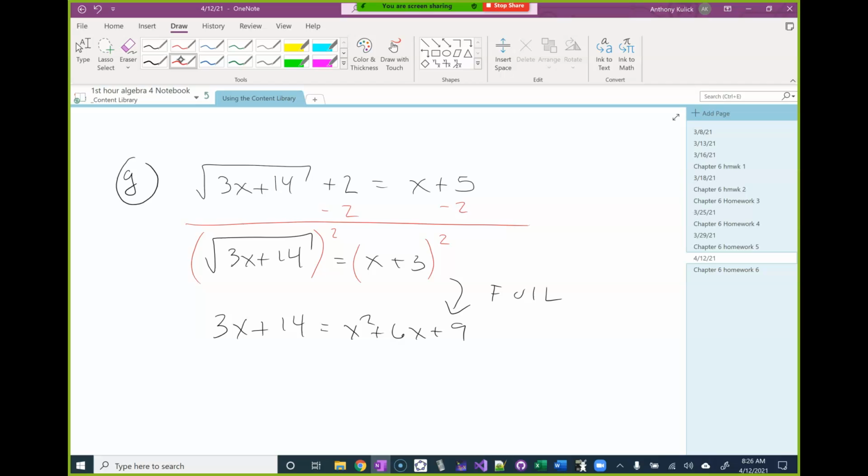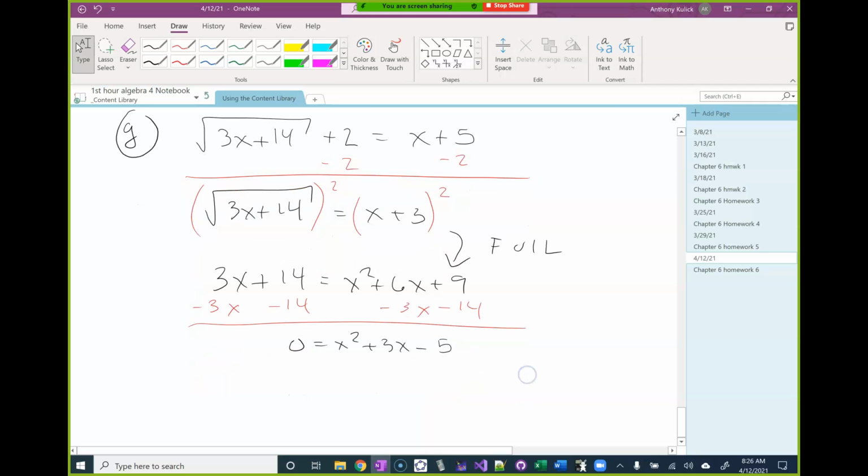So we're left with this polynomial. To solve it, we've got to get everything onto one side so that it is equal to 0. That was one more than I wanted.